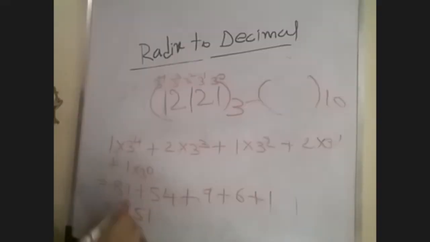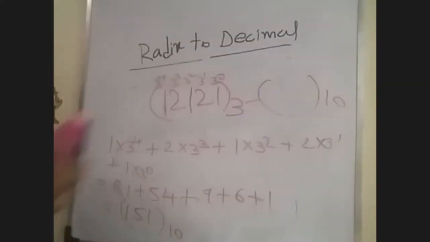Plus 9, plus 6, plus 1. So the total result is 151 base 10. The next one.